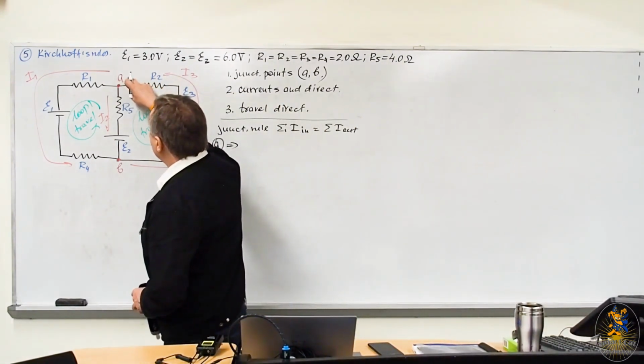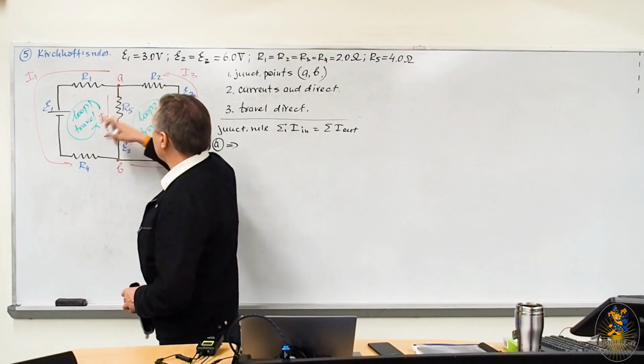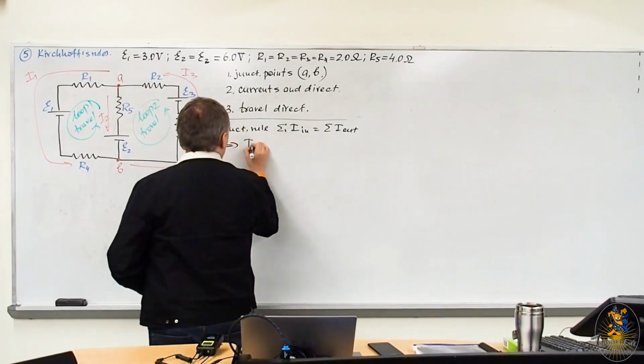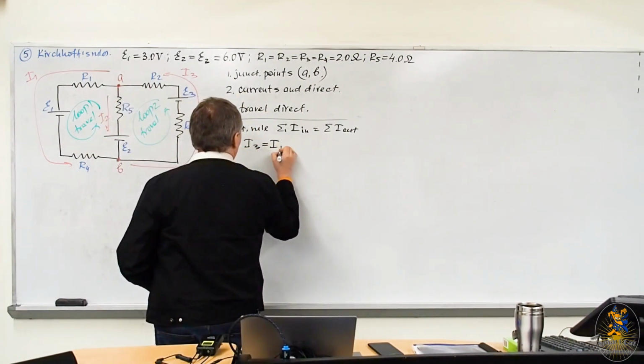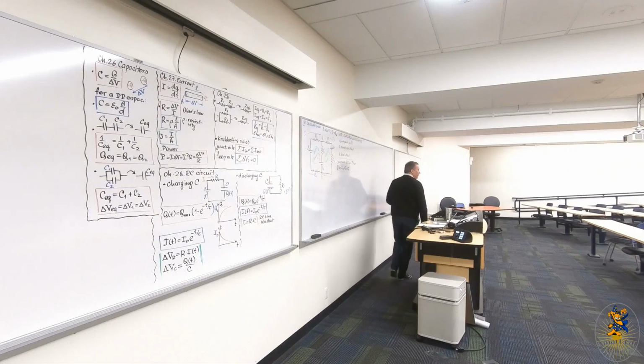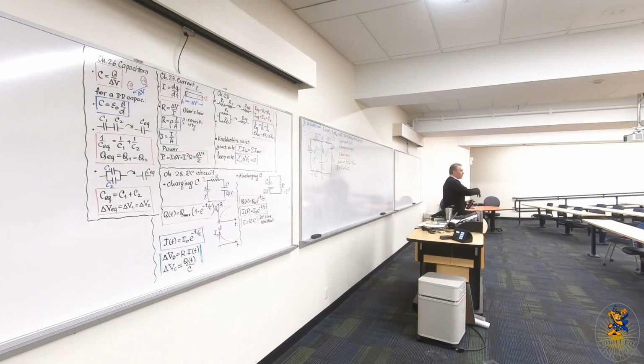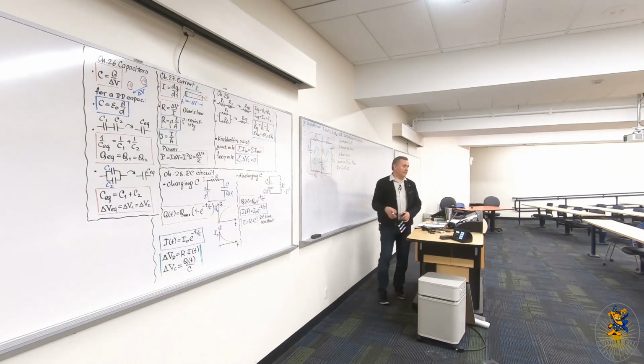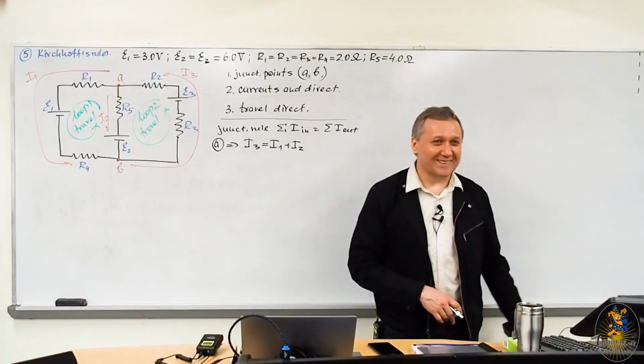I3 in, I1 out, I2 out. So I3 equals I1 plus I2. Very banal. Just look at the directions. In, on the left hand side, out, on the right hand side. Flip directions, it doesn't matter.